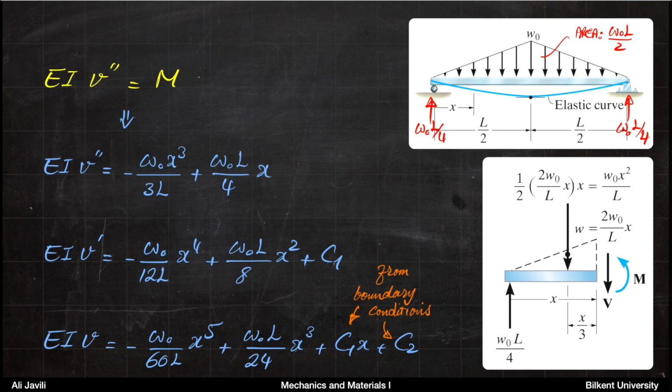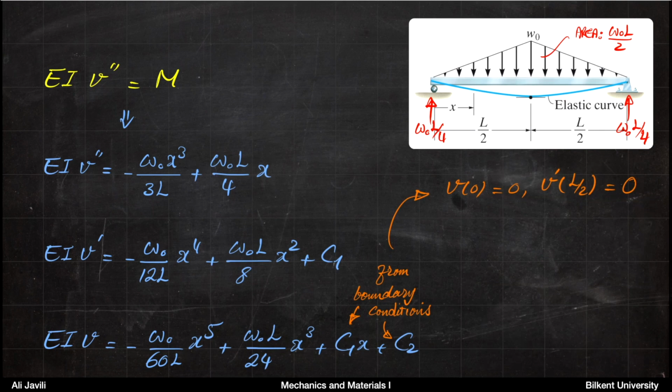So we want to solve for C1 and C2 using the boundary conditions. But the second boundary condition must also be between 0 and L over 2. That means the second boundary condition for us would be the fact that due to the symmetry of the problem, we actually know here v prime would be 0.